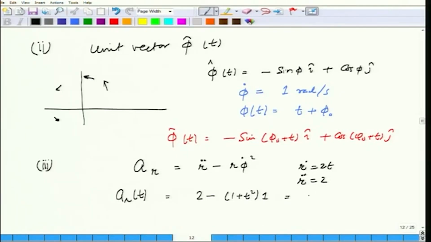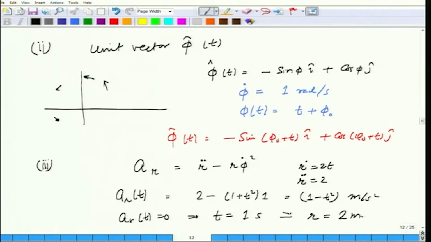So this is given as 1 minus t square meters per second square, and a_r(t) equal to 0 implies t equals 1 second, and therefore r is equal to 2 meters.